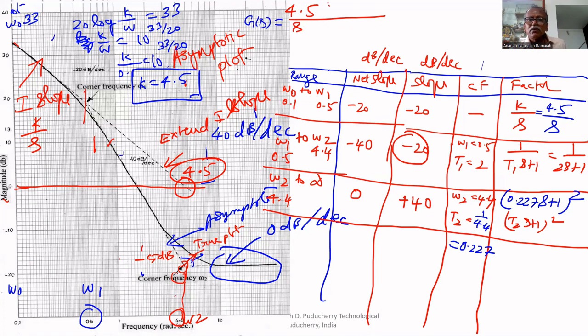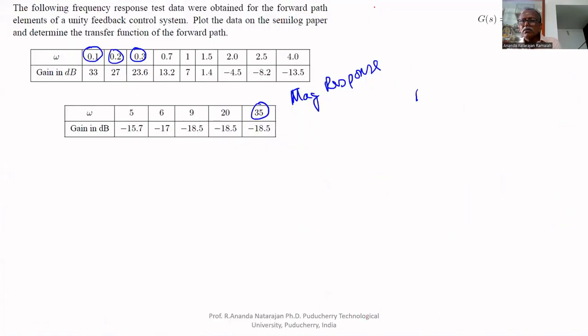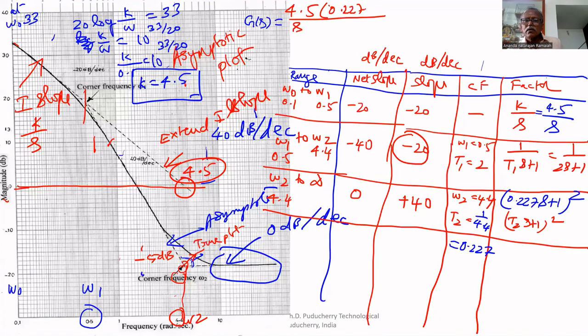in the numerator we have 0.227 s plus 1 whole square, divided by 2s plus 1 multiplied by 2s plus 1.